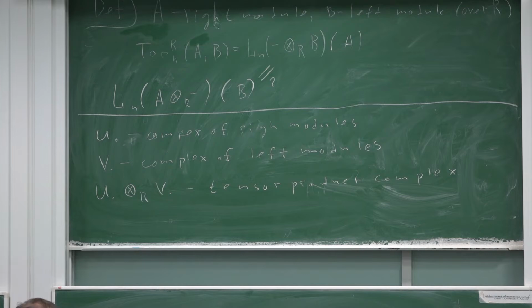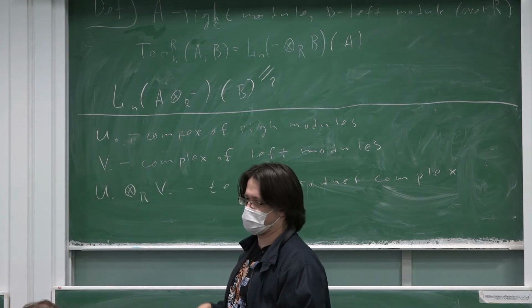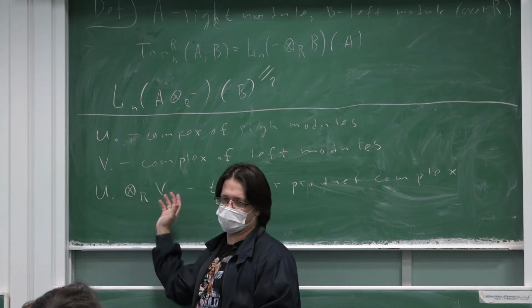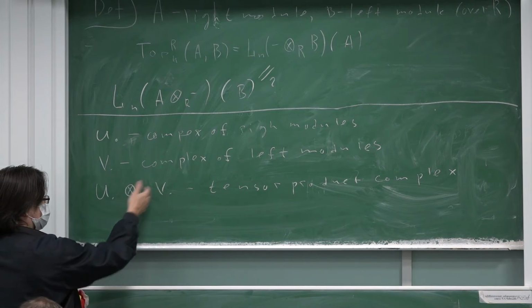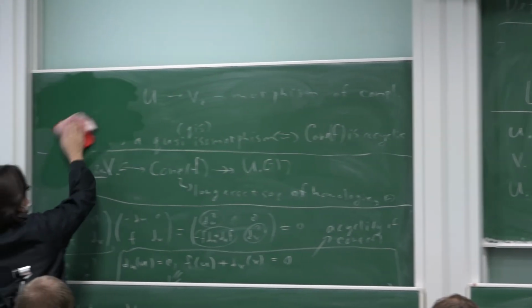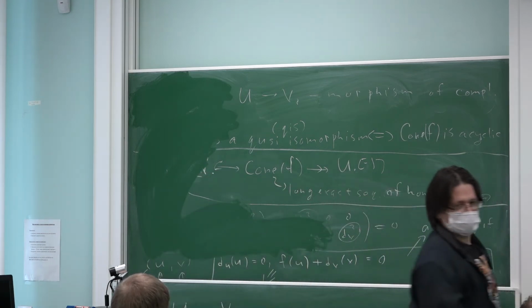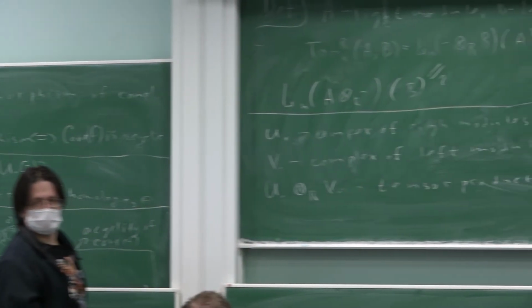So it is a complex of, like, if there are no other structures on U and V, and we don't assume that R is commutative, for example, then it is simply a complex of abelian groups, of course, because R is the right structure of U and the left structure of V. If R is commutative, then there is an R-module structure here, because if R is commutative, then a right module automatically becomes a bimodule.